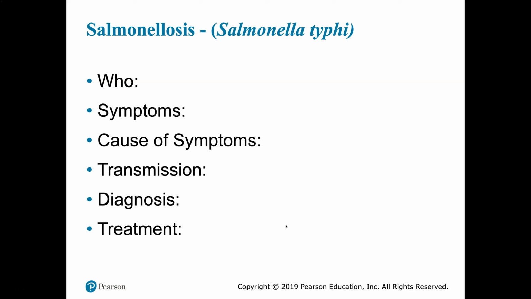But Salmonella typhi is significantly worse. It causes typhoid fever. This is a true pathogen. Anyone can get this, and it has a very high mortality rate in children.